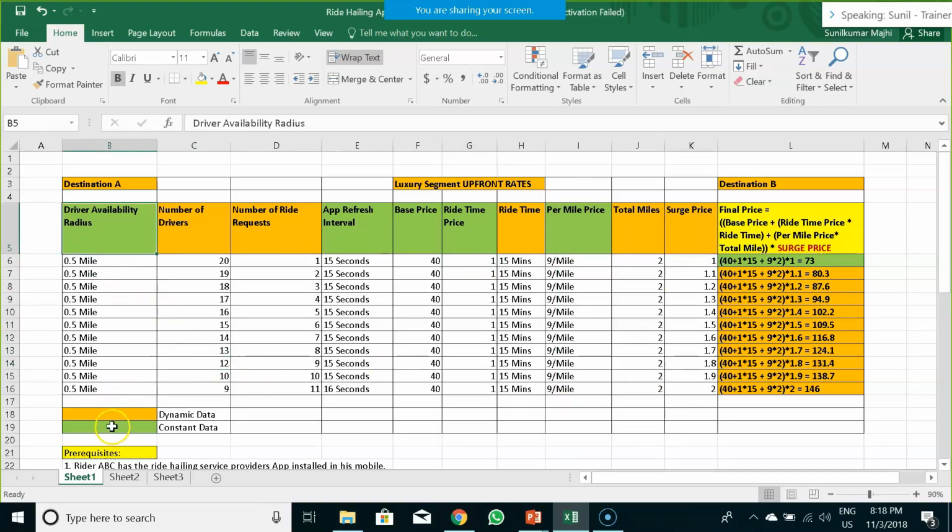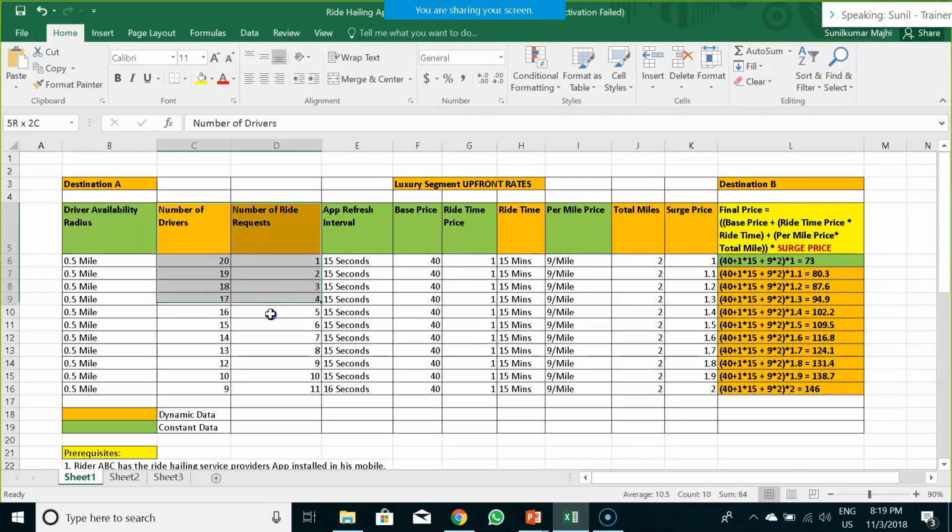Now here, the green part is called constant. This information would never ever change. It is provided by your business stakeholder. The base price won't change, the app refresh interval won't change, the ride time price won't change, the per mile price won't change.